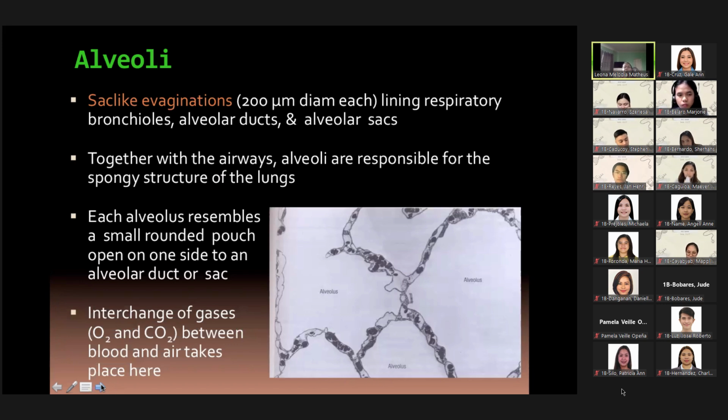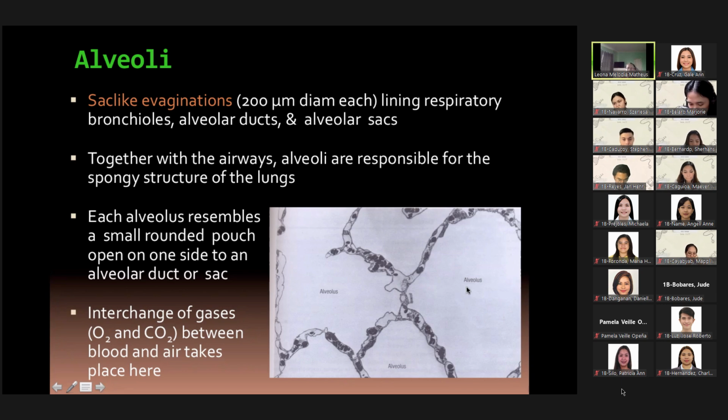So let's now go to your alveoli. The alveolus is a sac-like evagination measuring around 200 microns in diameter. And of course, as we said, this lines your respiratory bronchioles down to your alveolar sac. Together with your airways, the alveoli are responsible for the spongy nature of your lungs. If you look at your lungs, they look like a sponge.